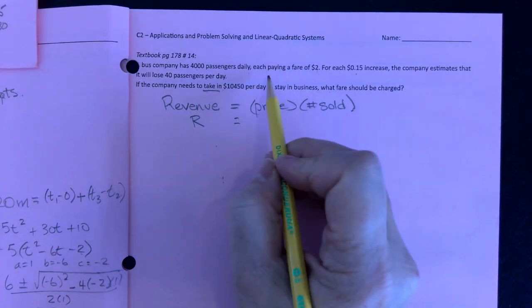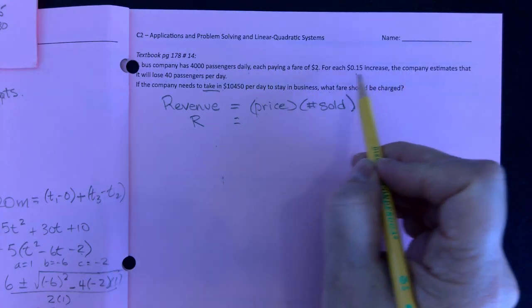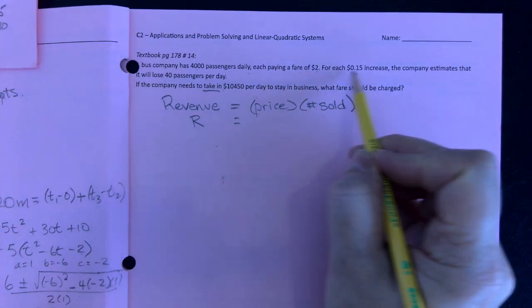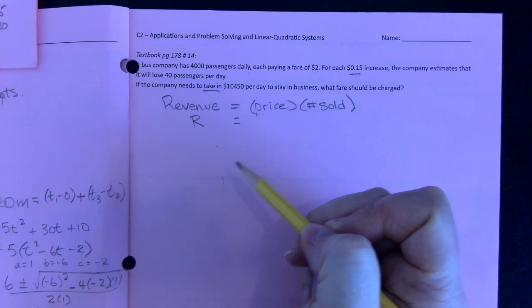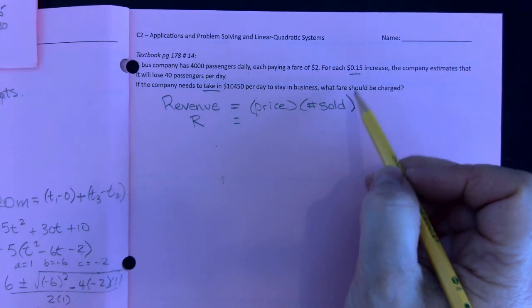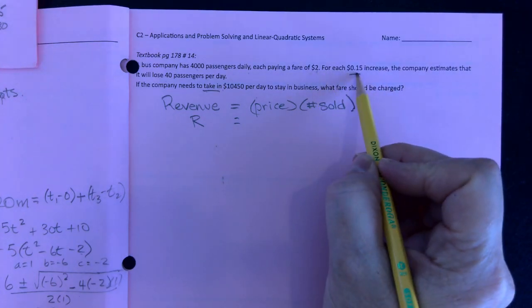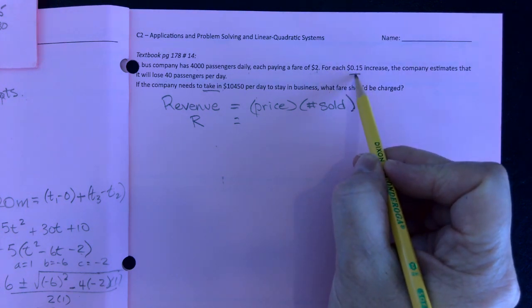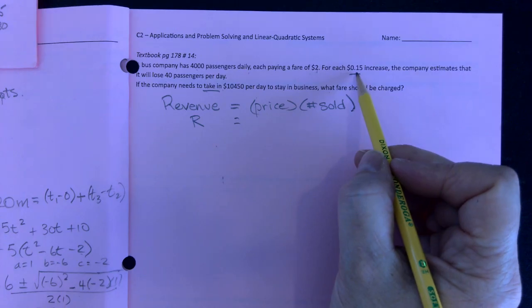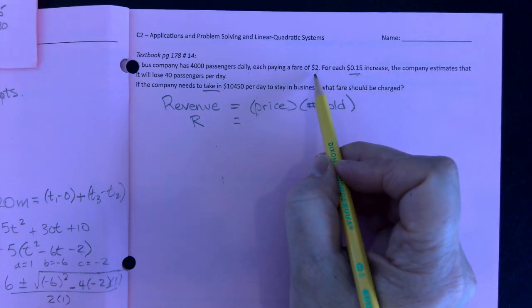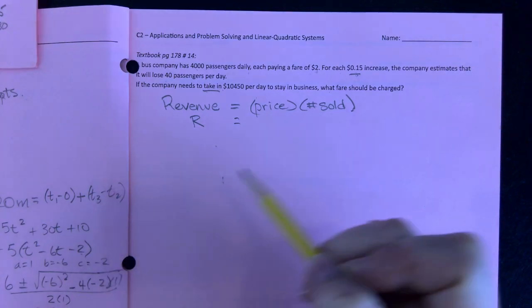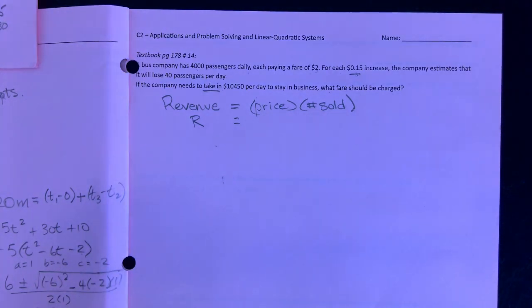So the adjustment that they're considering applying is having each person pay $2.15 rather than $2, or maybe $2.30 instead of $2. That's 2 increases of 15 cents. 3 increases of 15 cents is 45 cents, so they would consider $2.45 as the new price.